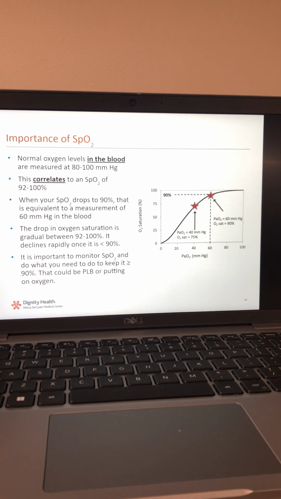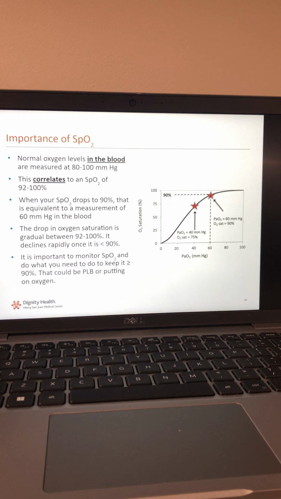So really important to know your oxygen saturation level. Normal oxygen levels in the blood are measured at 80 to 100 millimeters of mercury. This correlates to an oxygen saturation of 92 to 100%. When your saturation drops to 90%, that is equivalent to a measurement of 60 millimeters of mercury in the blood.